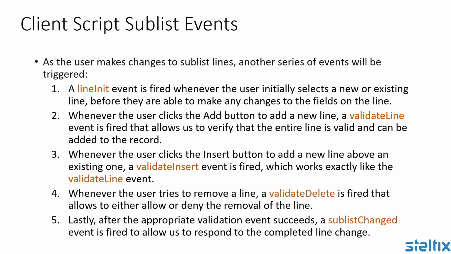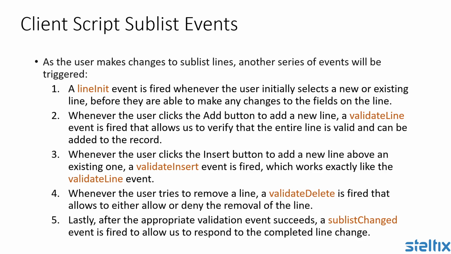Whenever the user clicks the add button to add a new line to the sublist, a validate line event is fired that allows us to verify that the entire line is valid and can be added to the record. Whenever the user clicks the insert button to add a new line above an existing one, a validate insert event is fired.